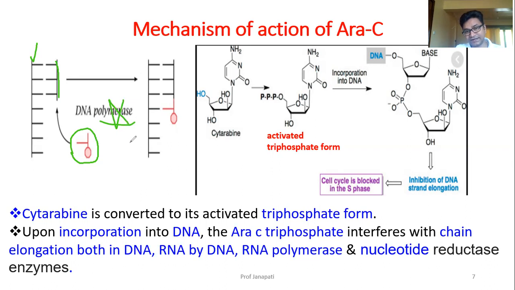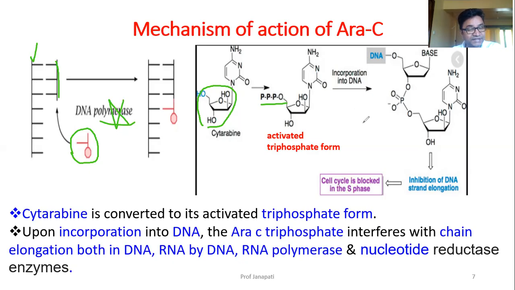How it blocks is that usually the natural nucleotides in our body consist of ribose sugar or deoxyribose sugar, but cytarabine consists of arabinose sugar. Though it has arabinose, phosphate formation occurs, so there is no issue here. Now this is the activated triphosphate form, and it gets incorporated into DNA.